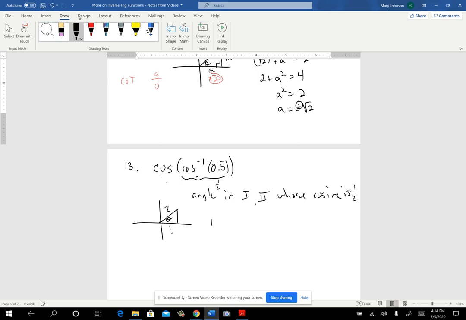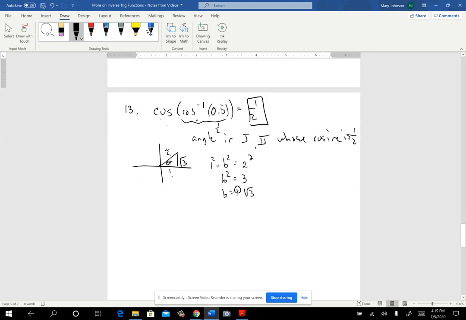We could find the missing piece. So that would be positive or negative square root of 3, but we know we're talking about positive square root of 3. Okay. We don't need to know what the angle is. We just need to know now the cosine of this angle, and the cosine of this angle would be 1/2. So that would be our answer. Okay. All right. It's not always going to turn out to just cancel each other out like that. So you have to be careful.